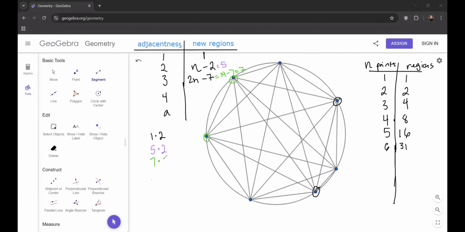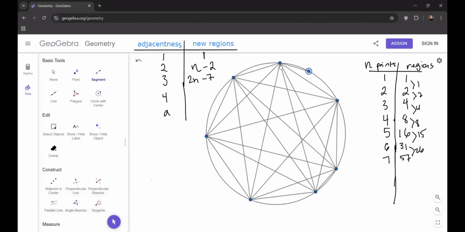So we're going to generate 7 twice to give us a grand total of 26 new regions that we're adding to our previous one, which gives us 57. And I'll go ahead and fill this in.